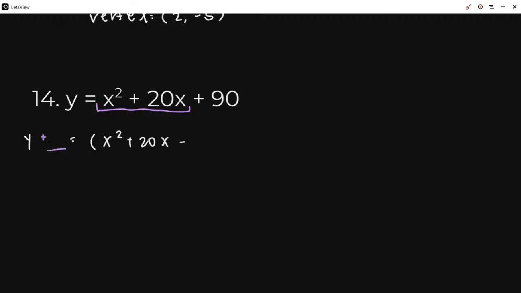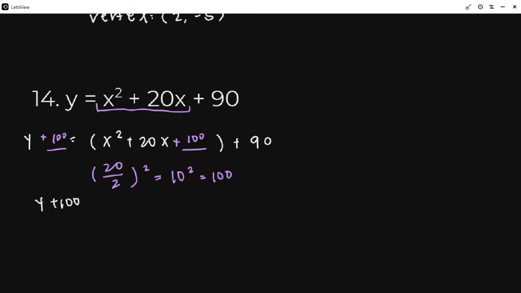Plus something plus 90. So that would be 20 over 2 squared, which is 10 squared, which is 100. So we're going to add 100 to both sides. So we get y plus 100 equals x plus 10 squared plus 90.